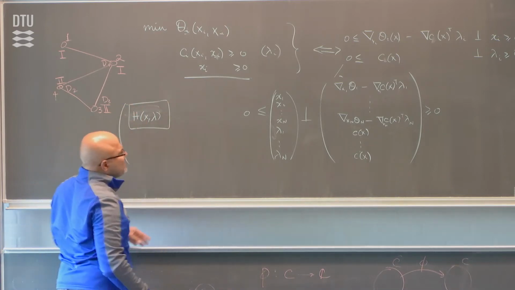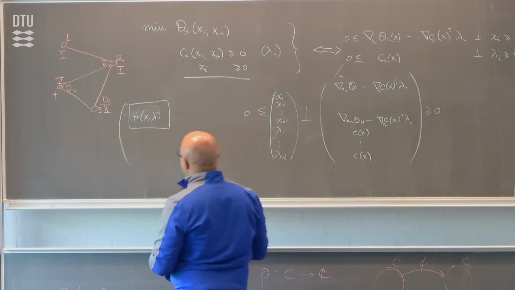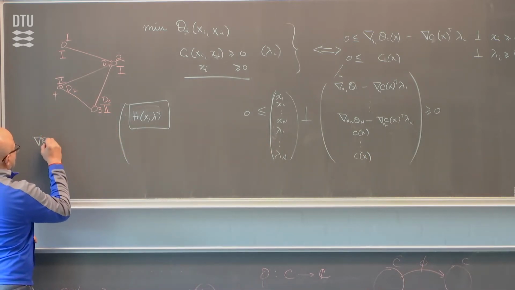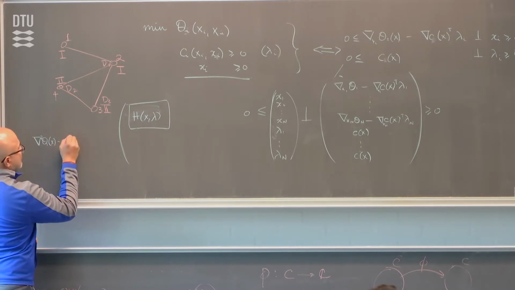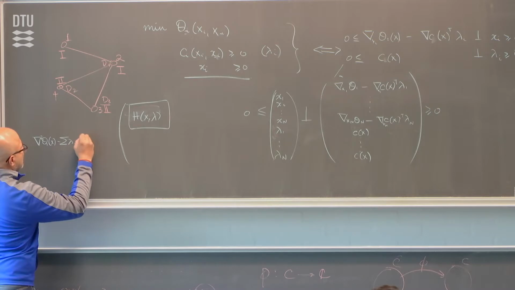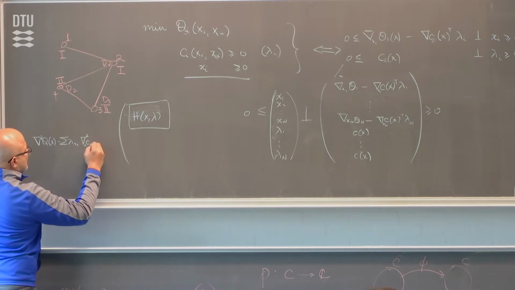What is h of x lambda? I'll tell you what the first element is. When you take the Jacobian of this, what you're going to get is the Hessian of theta 1 of x minus lambda 1 I.